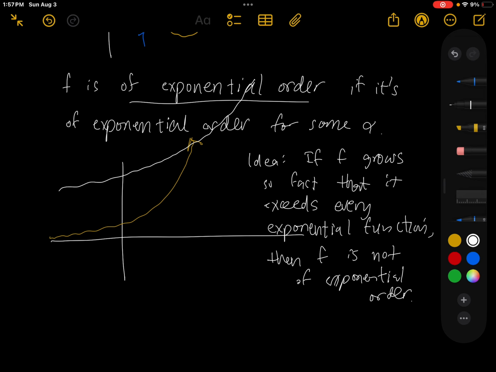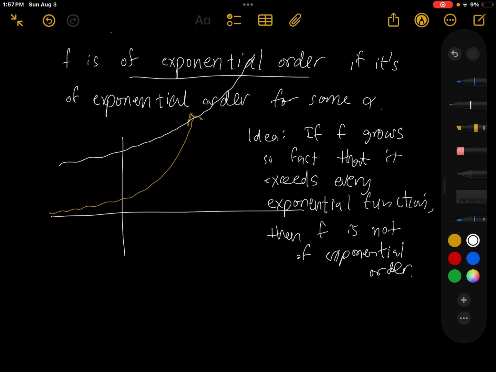So what's the point of this picture I drew? You have some function f, which I imagine going off to infinity extremely fast, so fast that no matter what your m e to the alpha t is, you're not able to eventually be always above the graph of f.